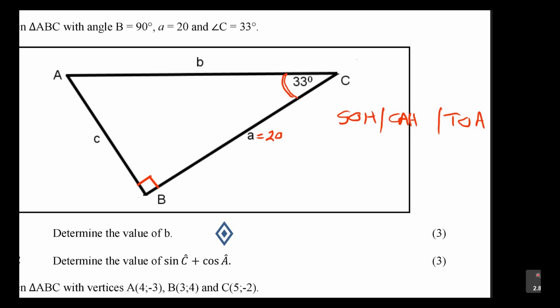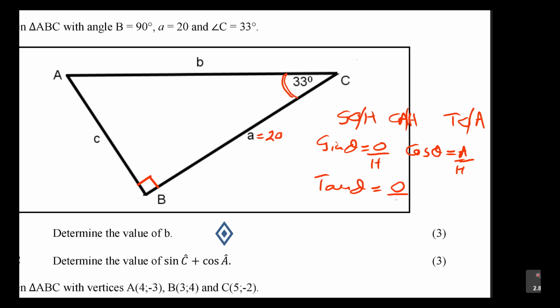In these trig ratios, for SOH you put a line, for CAH you put a line, and for TOA you put a line, meaning what? Sine theta is equal to opposite over hypotenuse, cos theta is equal to adjacent over hypotenuse. These are the sides of a triangle. And tan theta is equal to opposite over adjacent.